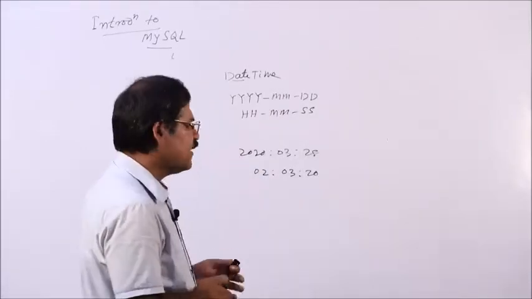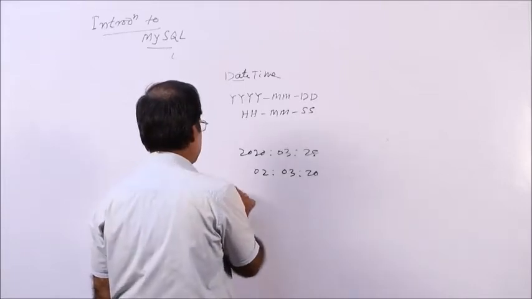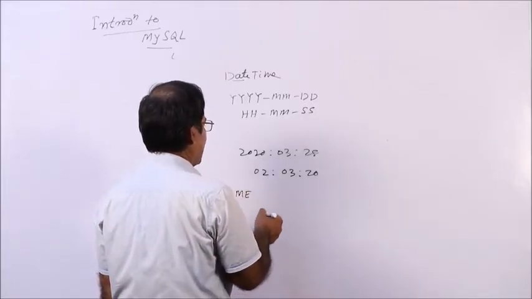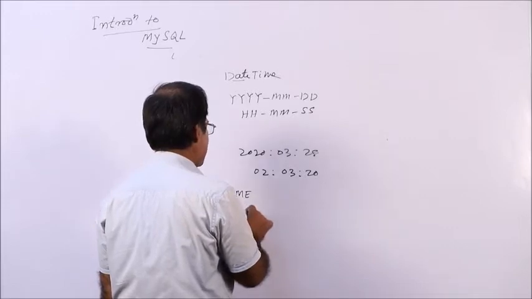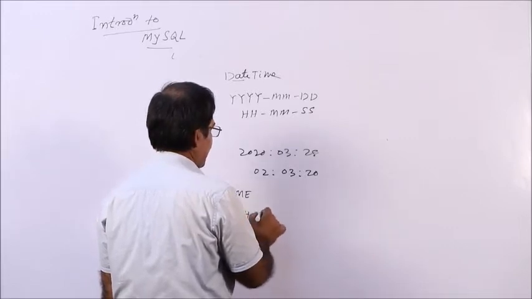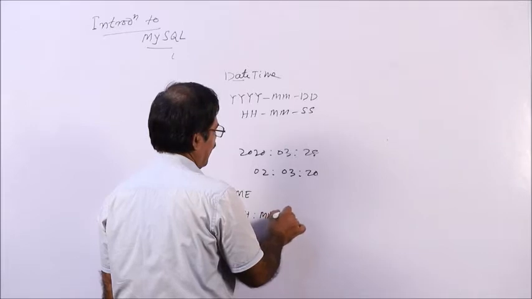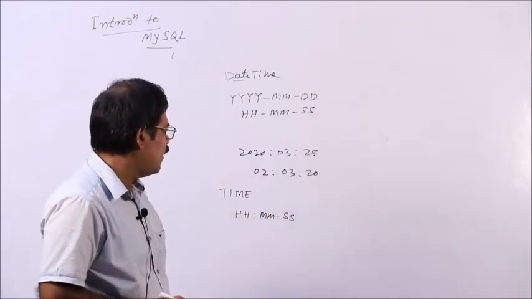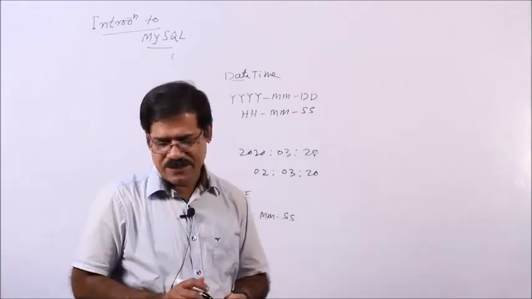If it is only a simple time format, you provide only the time, like this: HH, then MM, then SS, that is hour, minute and second.